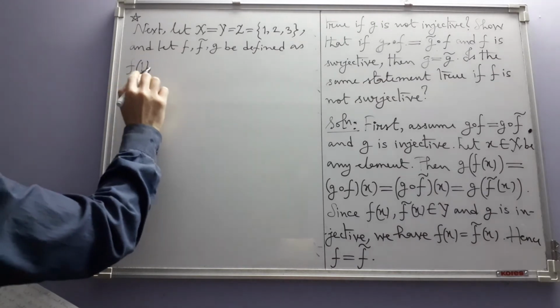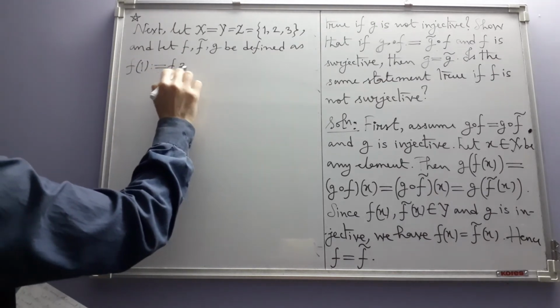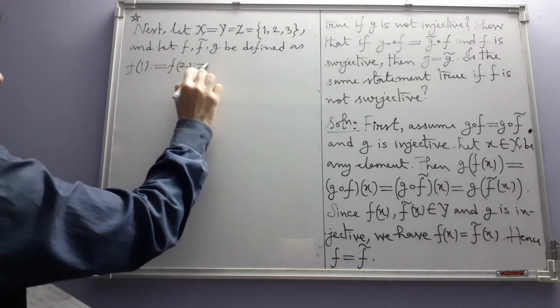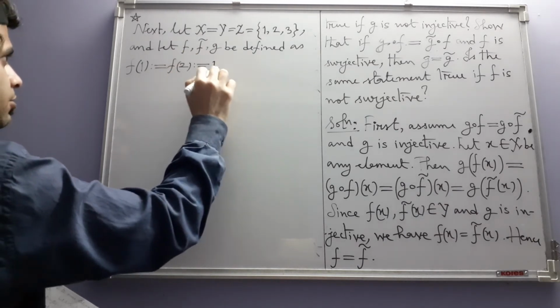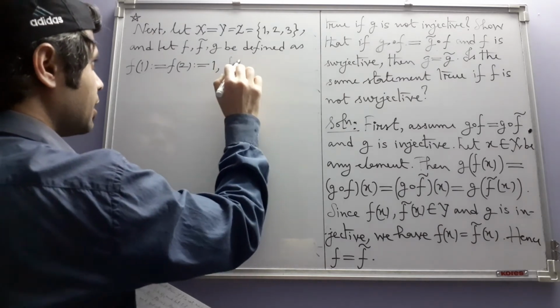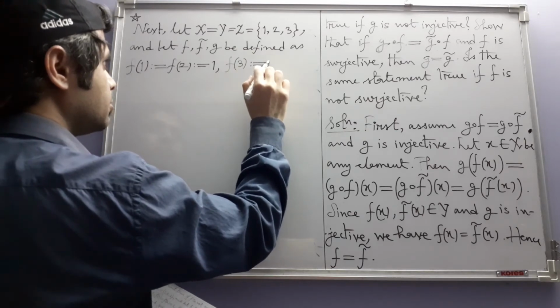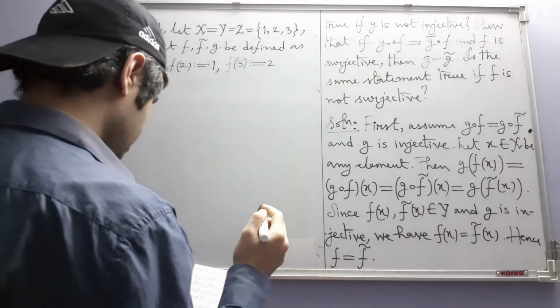The value of f at 1 is defined to be the same as the value of f at 2, which is defined to be equal to 1, and the value of f at 3 is defined to be equal to 2 or 3.